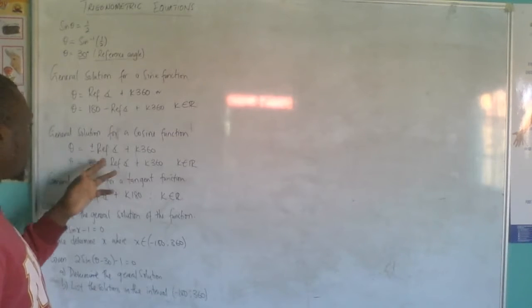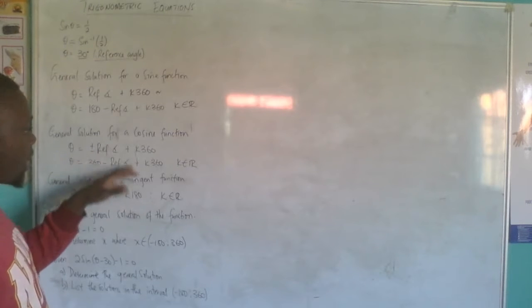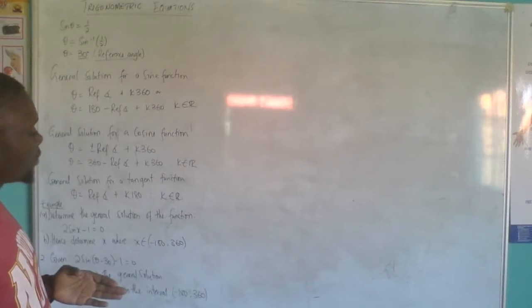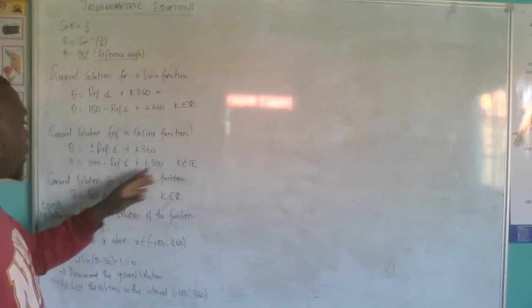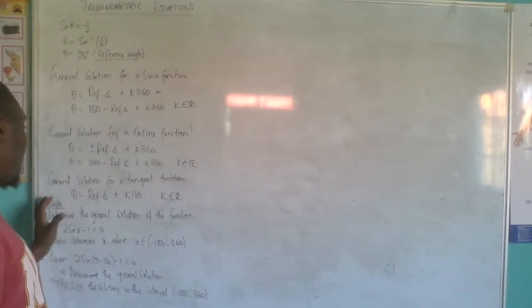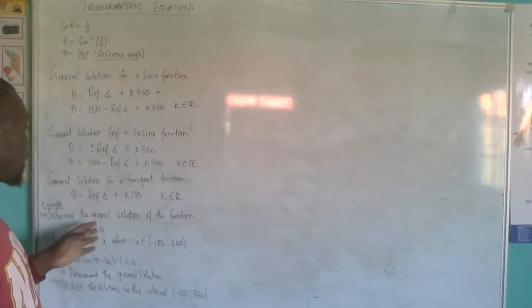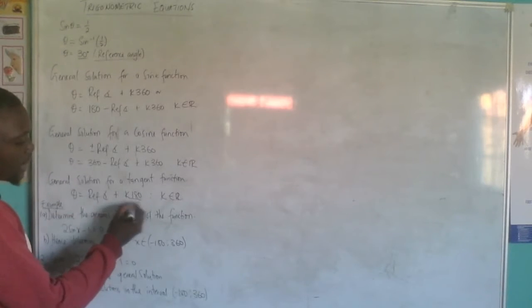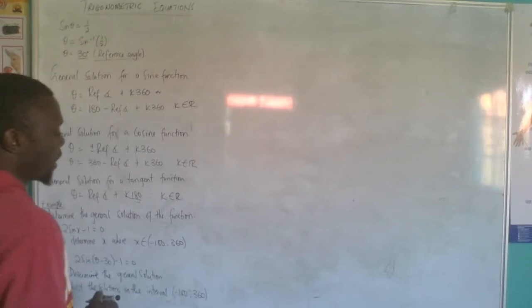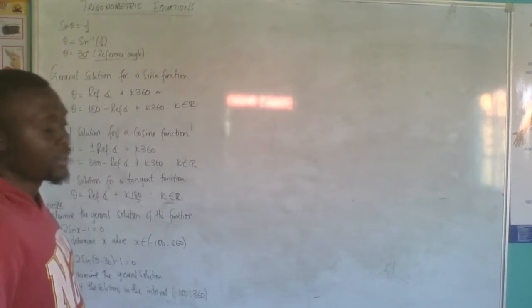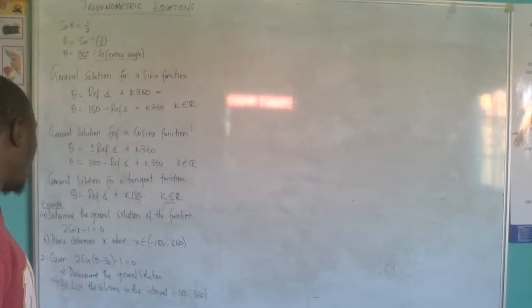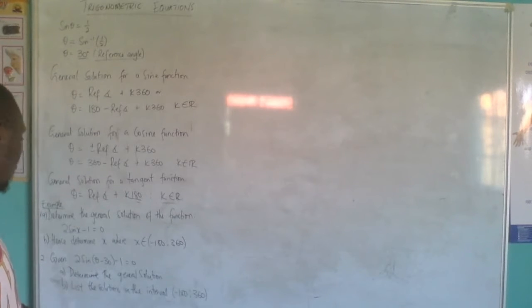Then for cos will be plus or minus reference angle plus k360, or 360 minus reference angle from your fourth quadrant plus k360. And then for tan will be reference angle plus k180. So don't forget, tan is not 360, tan is 180, taking k to be any real value.